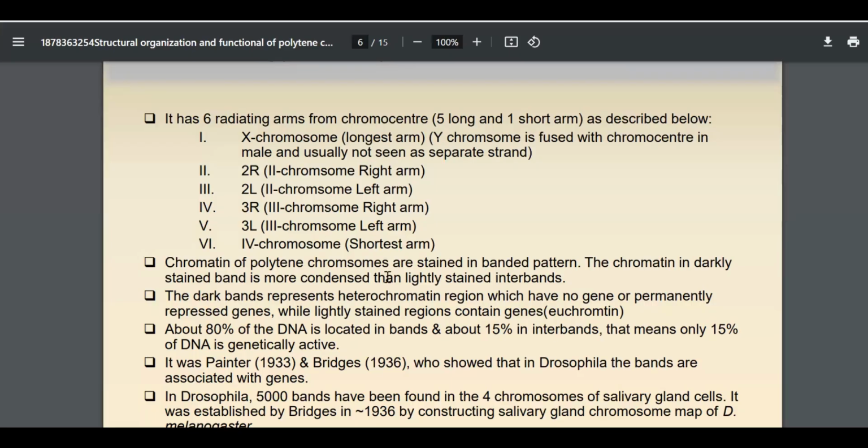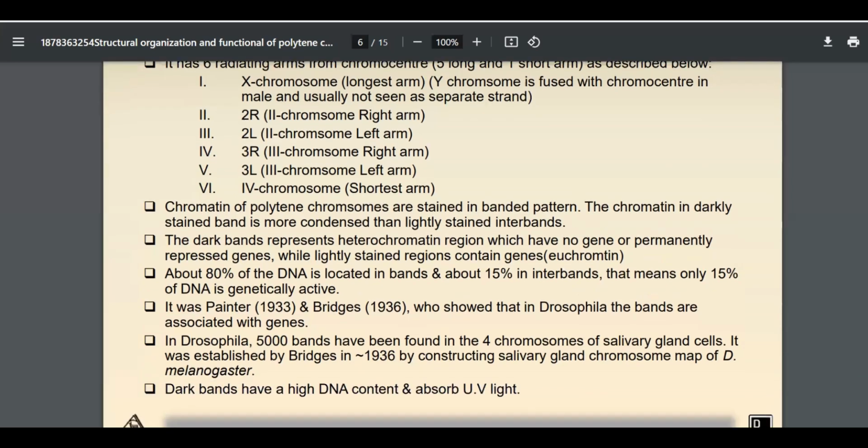Now we talked about Balbiani, who first observed and reported these polytene chromosomes, but further details were highlighted by the scientists Painter and Bridges in the 1930s. See, almost a century lapsed between the two very great observations and reports about the same structure, that is the polytene chromosome.